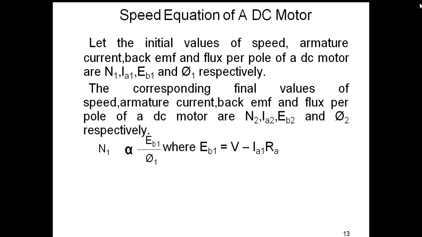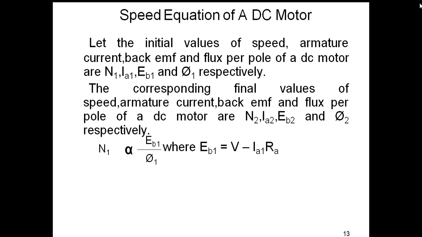Then from the previous slide, we know that speed is proportional to EB by phi. From that, N1 is proportional to EB1 by phi1, and we know the value of EB, which is equal to V minus IA RA.